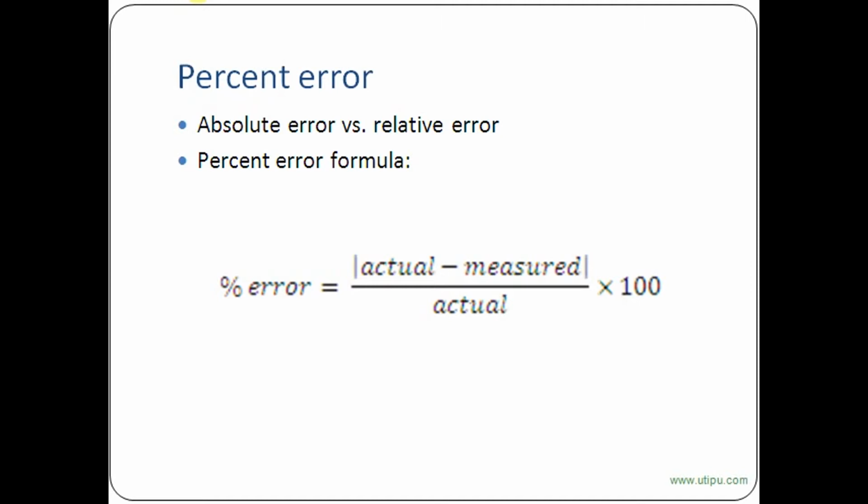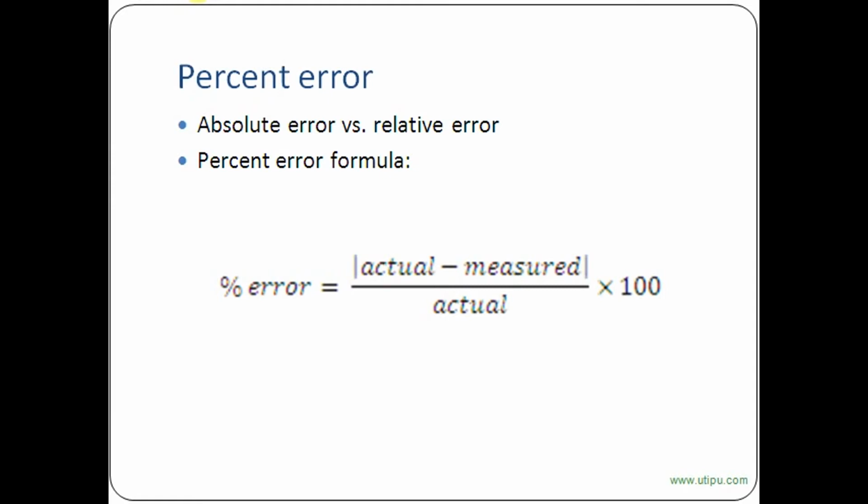So what we really need is a relative error, an amount where we compare how much we're off by to the total amount. The way we figure out a relative error is by using the percent error formula, the one you have on your screen right now.